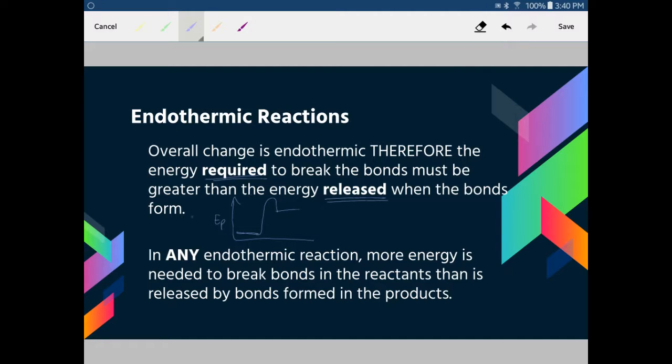So this is again your potential energy that we're looking at. In any endothermic reaction, more energy is needed to break the bonds in the reactants than is released by the bonds formed in the products. Again, that same statement just written in a different way.